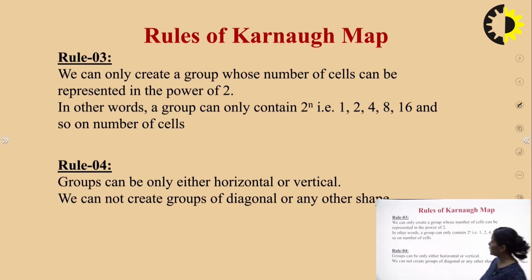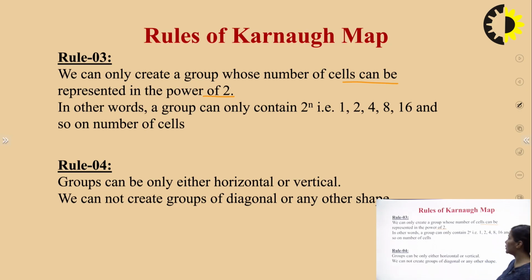What is rule 3? You can create a group whose number of cells is a power of 2. By saying so, it means you can make a group of 2, a group of 4, a group of 8 and so on.